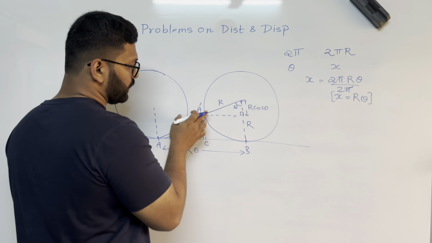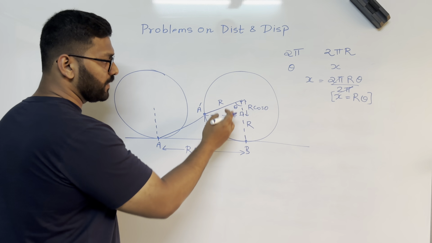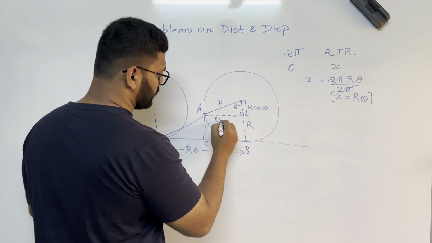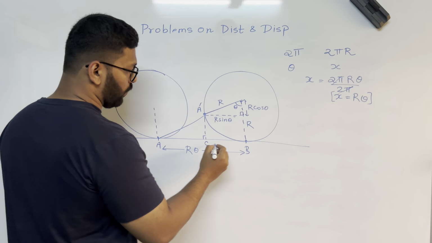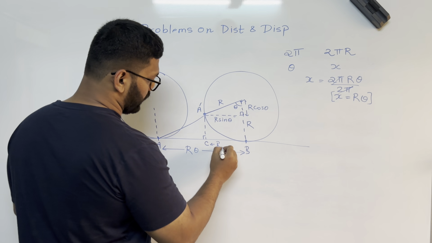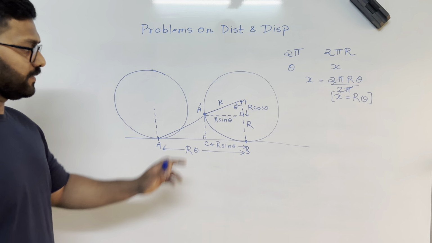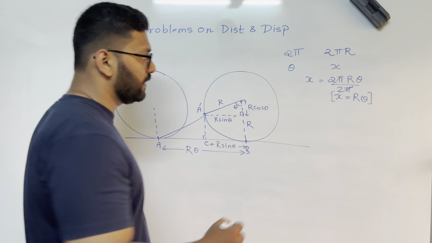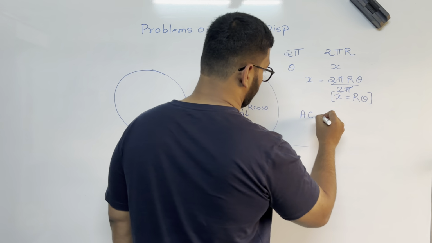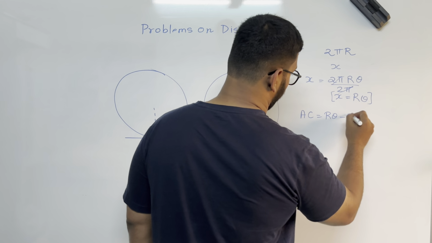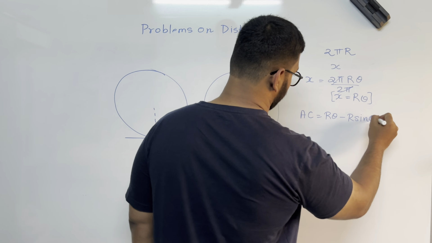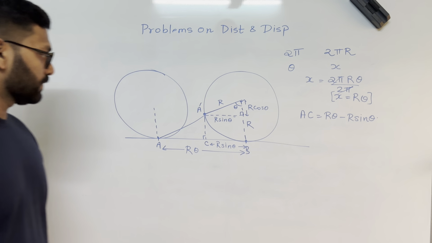The component of this line along this is R cos theta and the perpendicular component is R sin theta. So obviously BC is going to be R sin theta. So if BC is R sin theta, what is AC? AC is R theta minus R sin theta. This is going to be your AC.